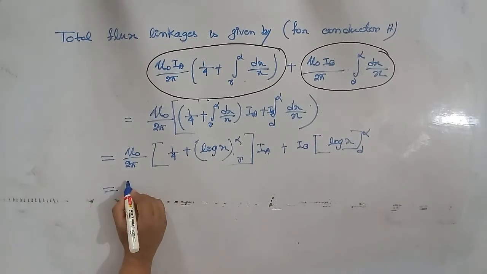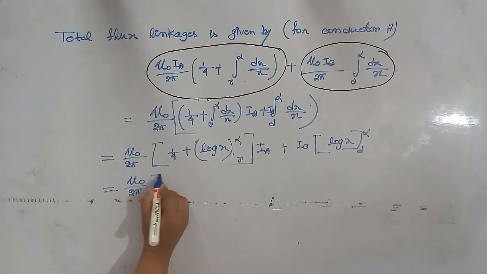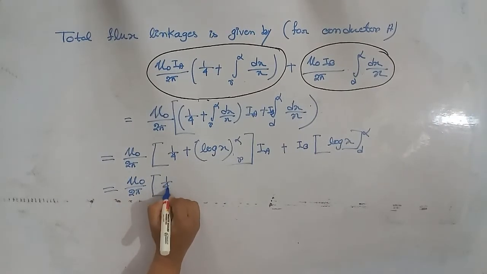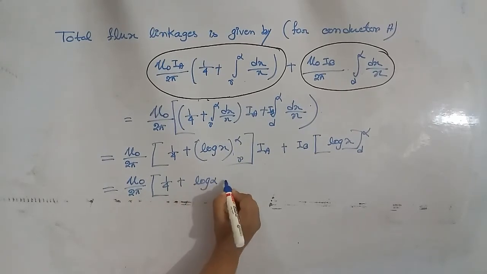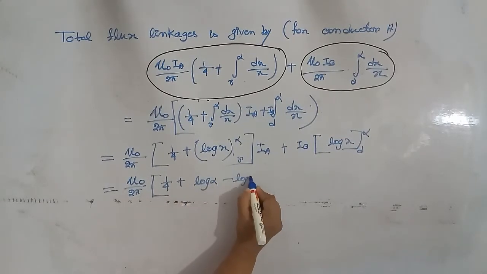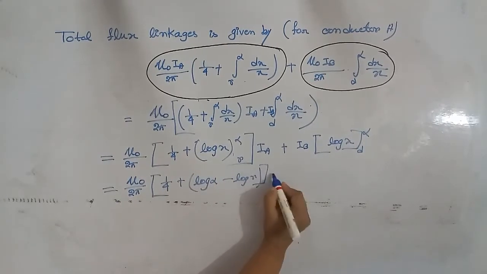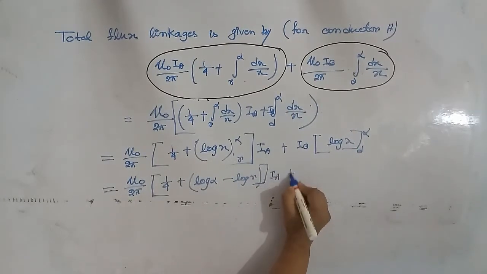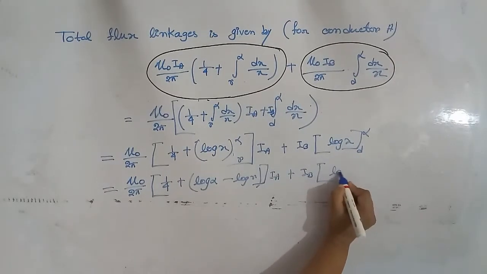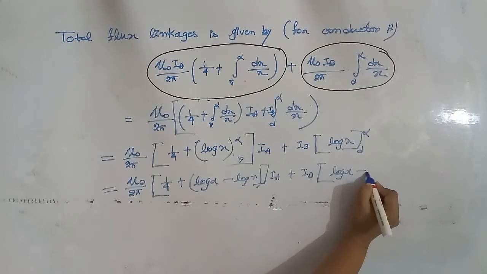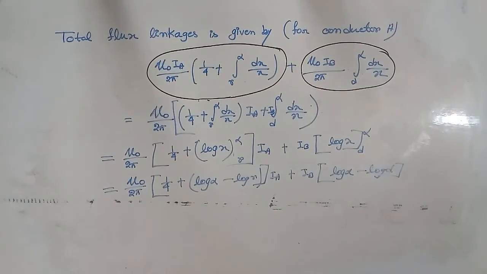Now mu 0 by 2 pi equals 1 by 4, log infinity minus log r, and if we put the limit, we get log infinity minus log d.